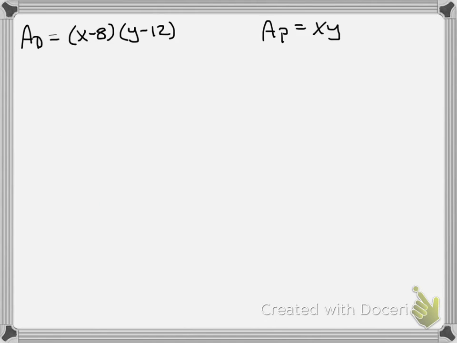Okay, so we got our area for our design, and we're trying to get down to the area of the poster. So let's solve for one of the variables in the area of the design so that we can plug that into the area for the poster. So we will get the area of our design was 384. That was equal to X minus 8 times Y minus 12.